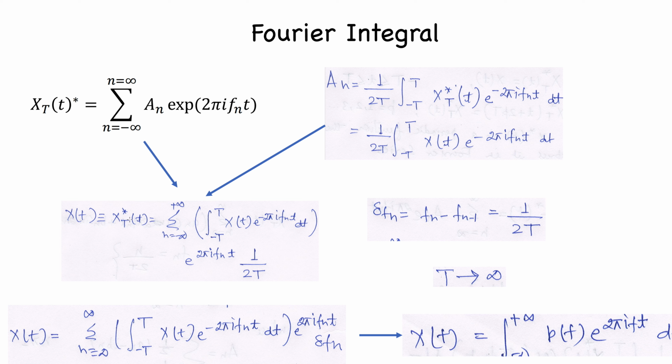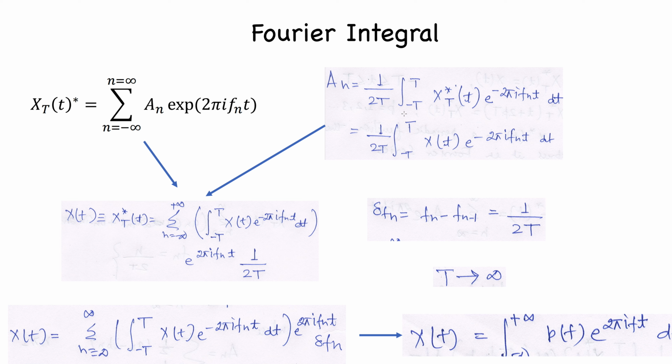Then x star t will become the summation over n equal to minus infinity to infinity, where we insert the value of a n, which is in the form of an integral between minus T to capital T of x t e to the power minus 2 pi fn t dt. Another exponential is coming from here, e to the power 2 pi fn t, which is from the original definition here, and 1 by 2T is the multiplication term which was outside.